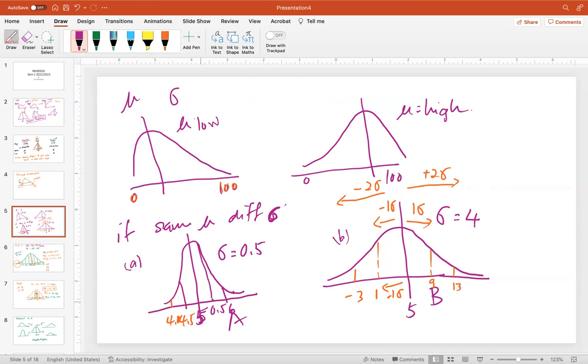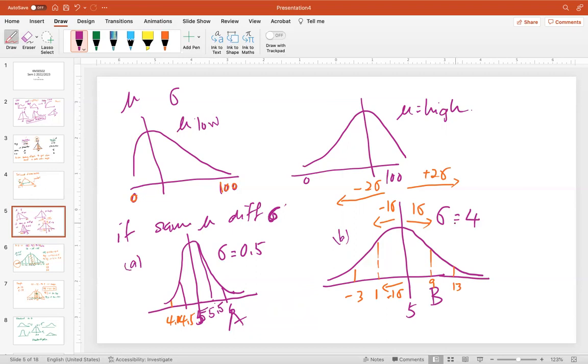So one standard deviation is 5.5, and two standard deviations will be 6. Negative one standard deviation is 4.5, and 4 for negative two standard deviations.